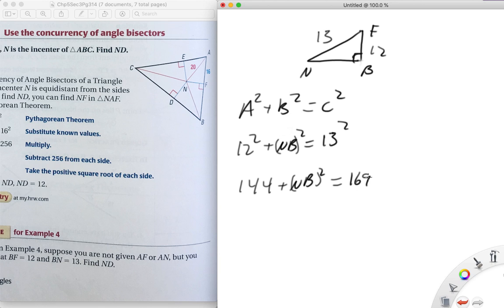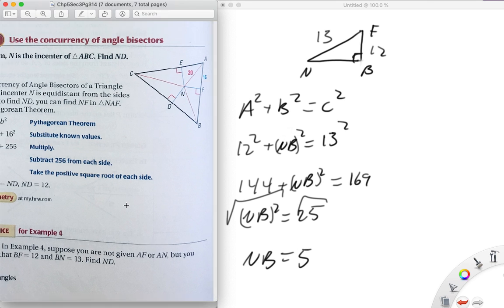Subtract 144 from both sides. NB squared equals 169 minus 144. Let me double check. And I get NB squared equals 25, square root, NB is equal to 5.